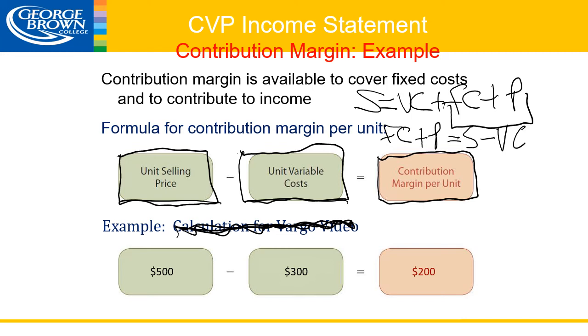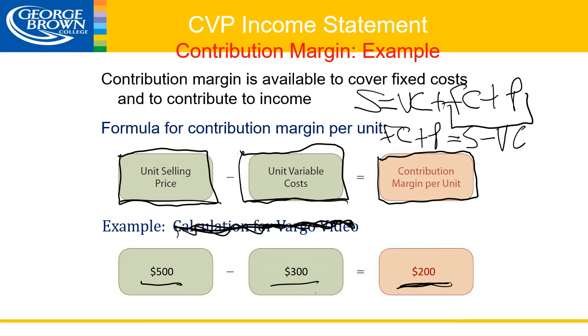I know it's a bit extreme, but work with me here. The variable costs associated with creating this dish are $300. We take 500 minus 300 and have $200 left over. That means this dish's contribution margin per unit is $200, and every time we sell this dish, $200 goes towards covering our fixed costs and providing for a profit.